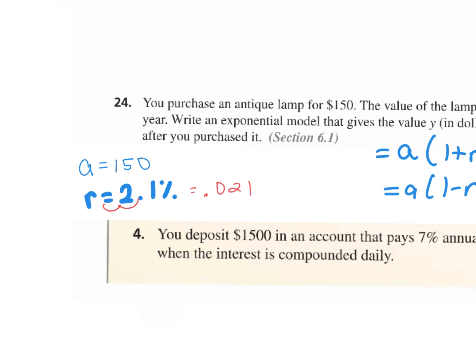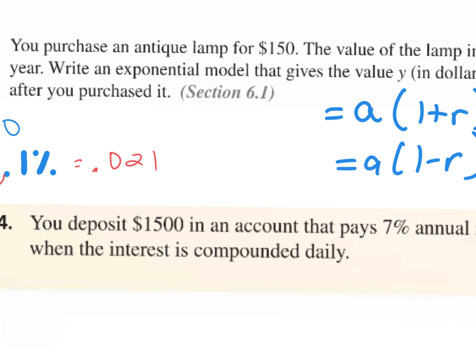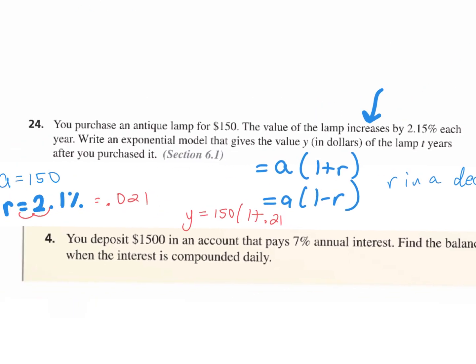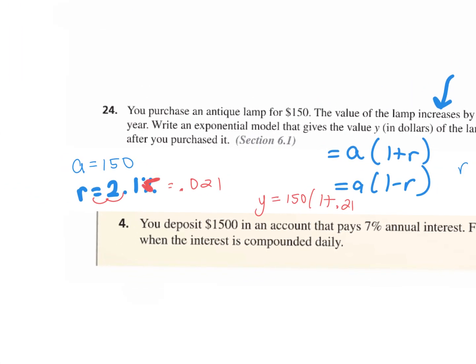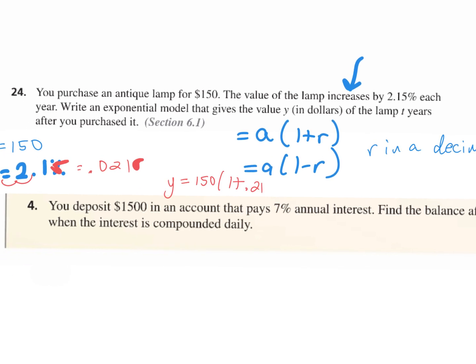So if you're going to write your formula, it would be y equals, what's your original amount? 150, right? Times 1 plus 0.0215. I forgot the 0 here, guys. I'm sorry.